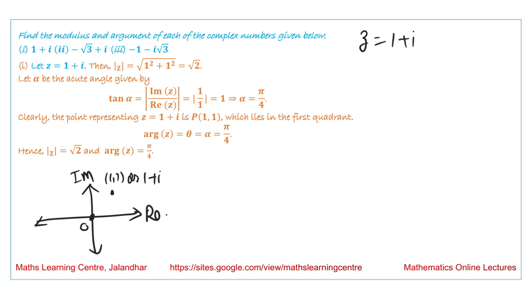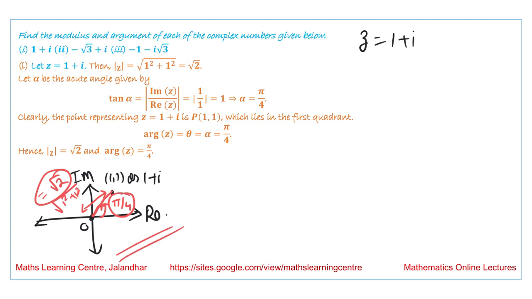When we talk about the argument of this number, if we join these 2 points, the length of this line will be the square root of 1 square plus 1 square, that is equal to square root of 2. And the angle this line makes over here will be equal to pi by 4. So the modulus is root 2, and the argument is pi by 4. So this is the graphical representation.